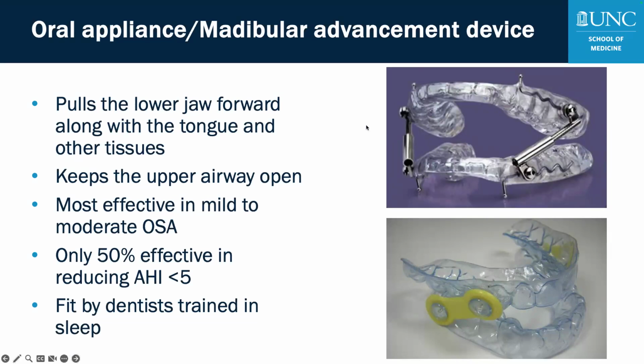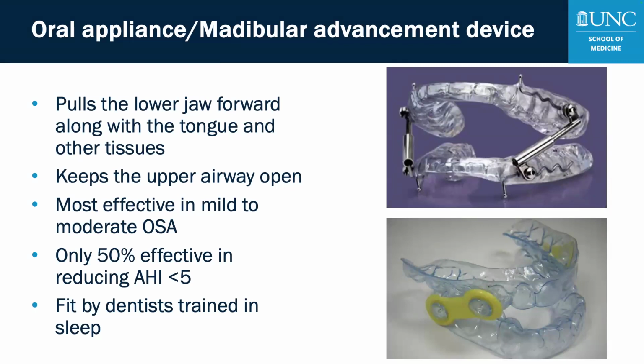So what other things can you do? Well, an oral appliance, or what really is a mandibular advancement device. As you can see, it looks like a retainer. These are just two examples, but you fit it over the top and bottom teeth, and it pushes the jaw forward.